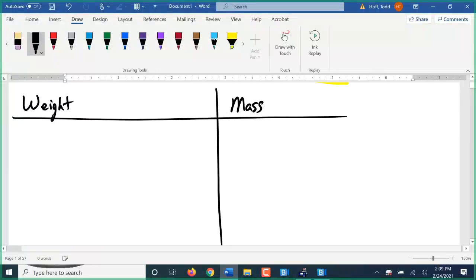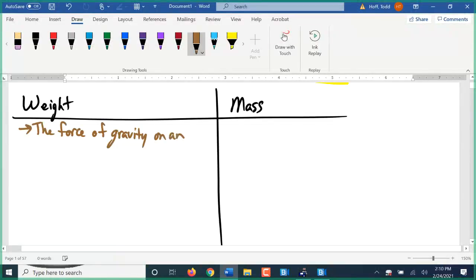Start out with the definition. Weight is the force of gravity on an object. Mass is the amount of matter.